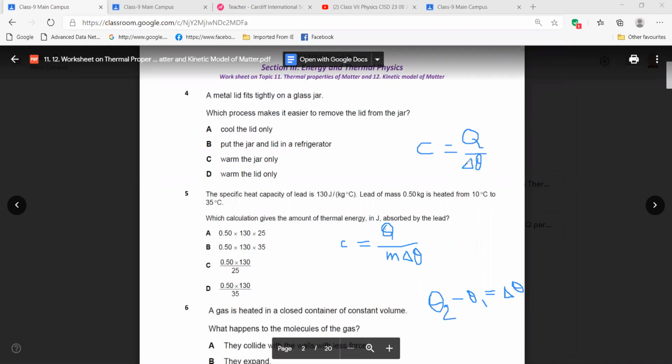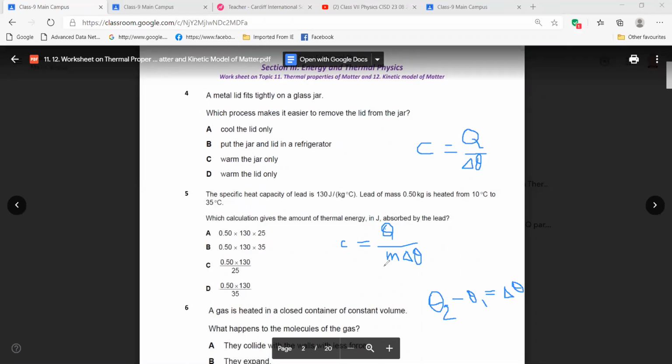That is heat capacity, right? And specific heat capacity is the heat energy required for increasing the temperature of 1 kg of object. So is it clear now?